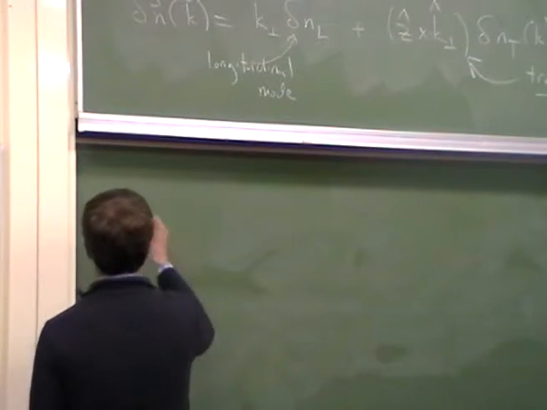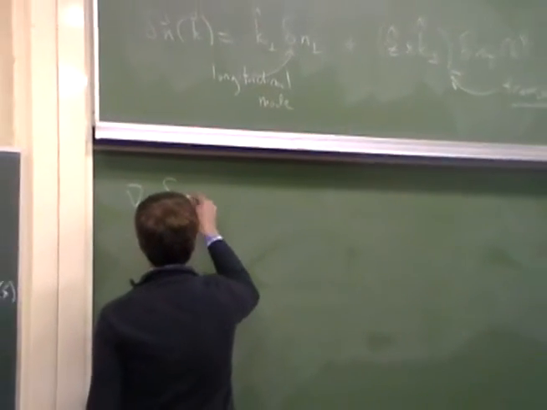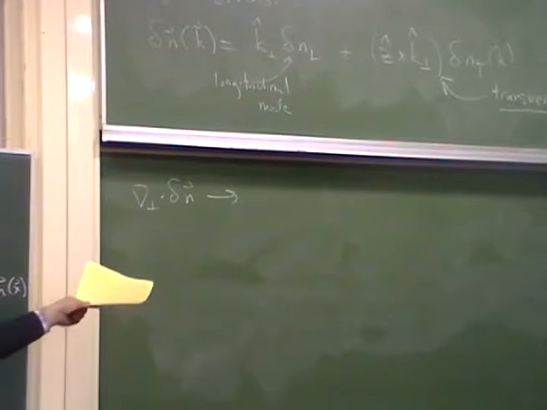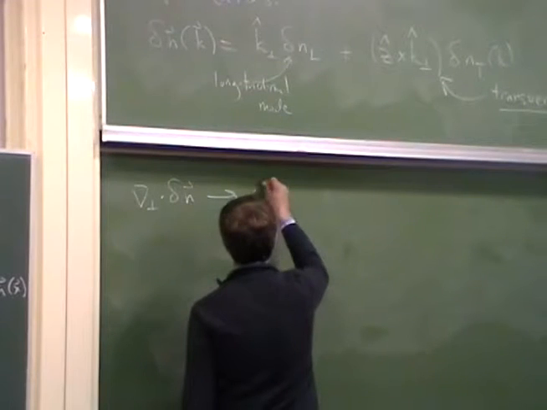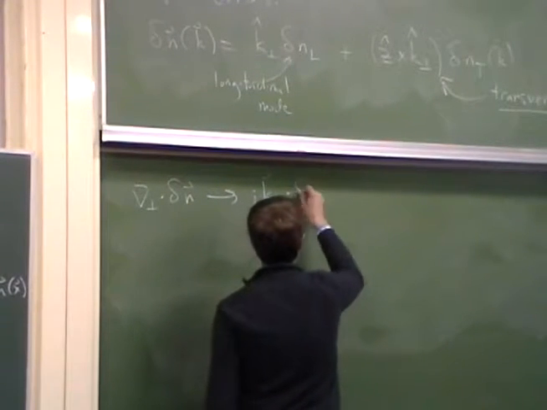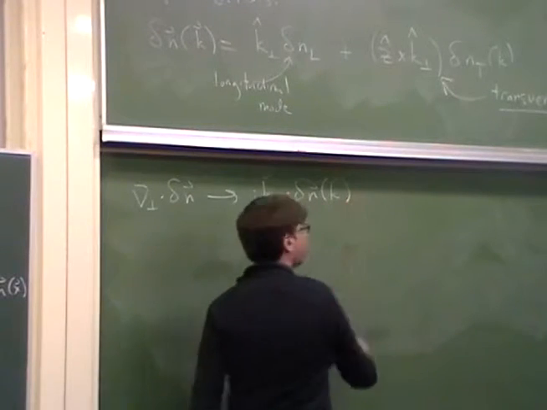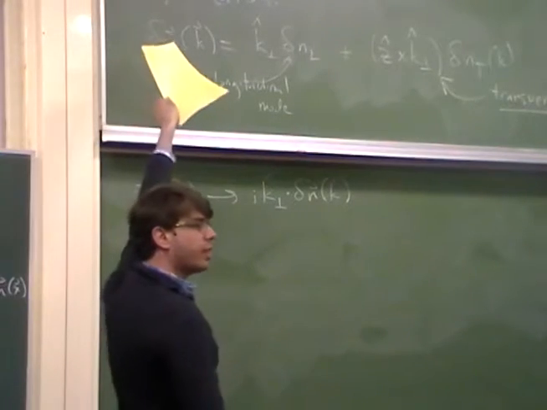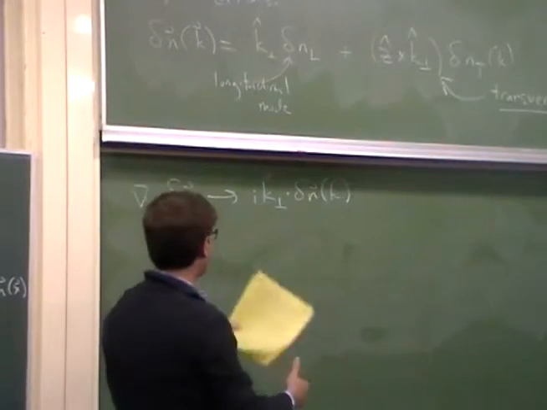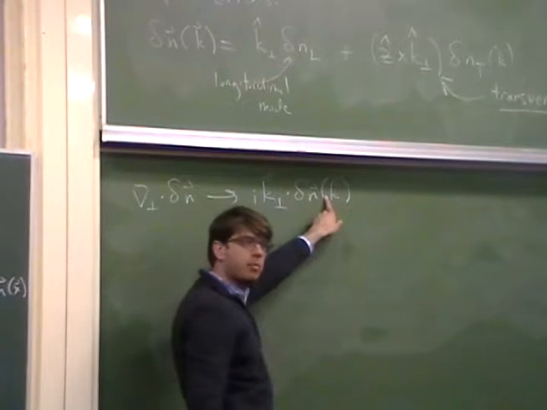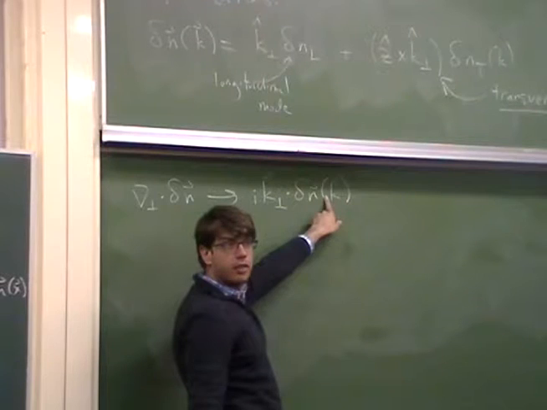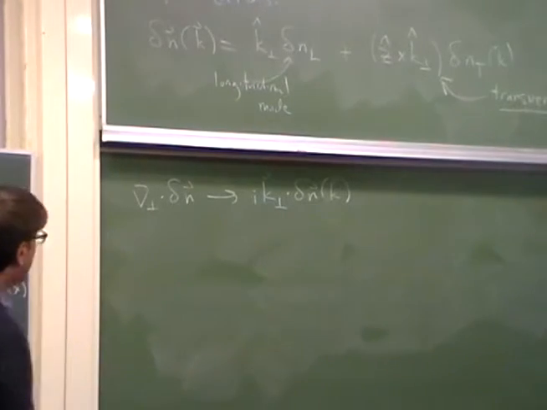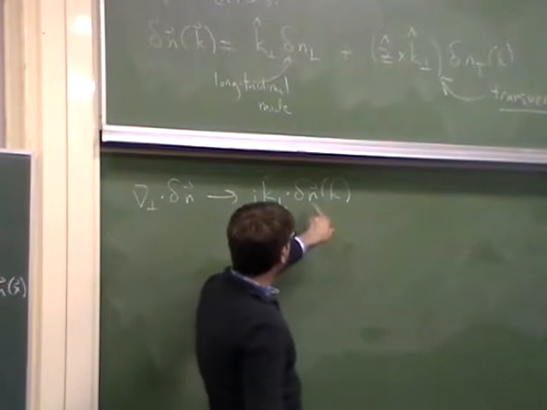So splay, in Fourier space, is going to be i k perp dotted into the Fourier transform of delta n of k, right? Because the derivative operator just pulls down the appropriate components, in this case the x component times the x component of the nematic fluctuation, the y component of the wave vector times the y component of the nematic fluctuation. Okay, so I take the dot product of k perp times delta n.